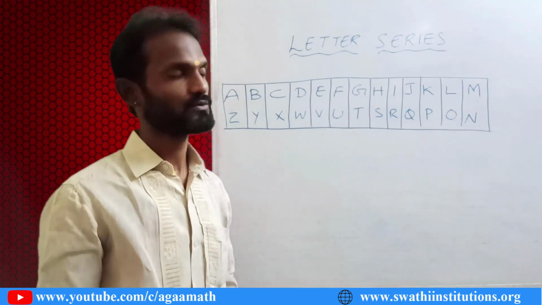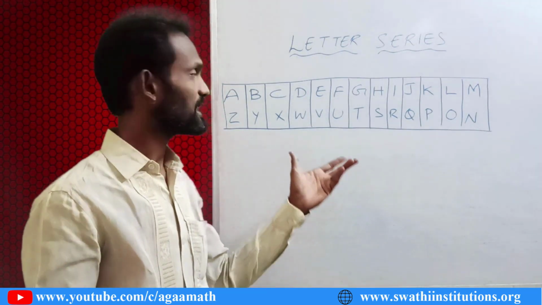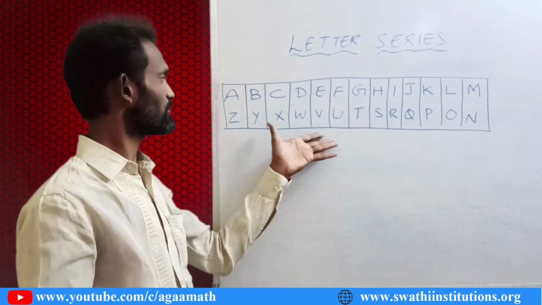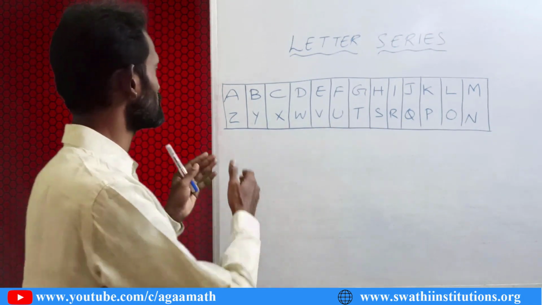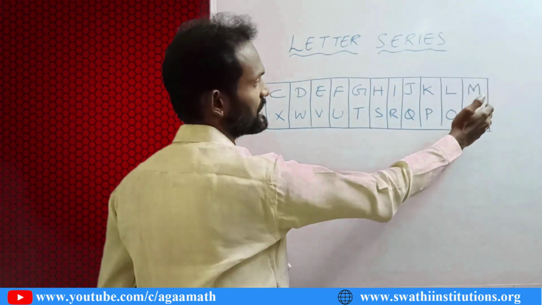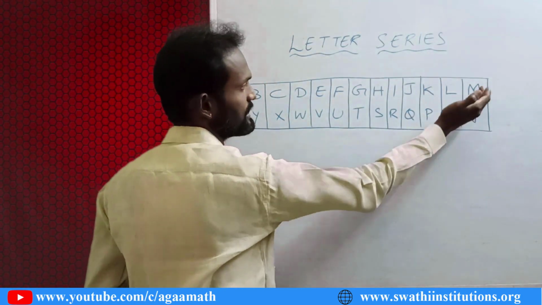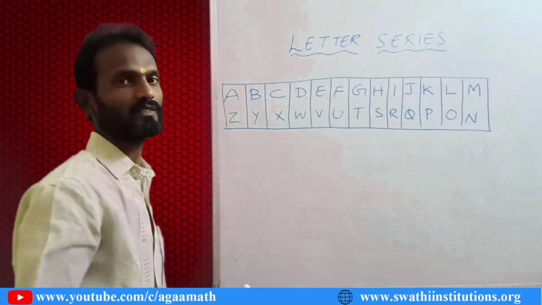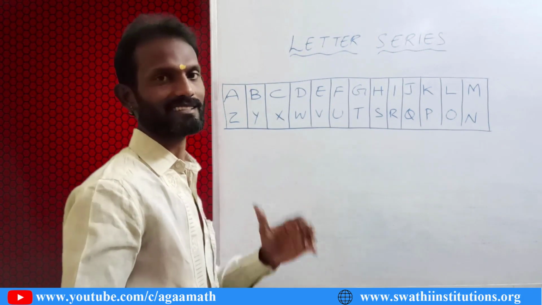In the letter series we also have to remember pairs of letters. How do we remember the pairs? If you see here, A to M, like A, B, C, D up to M, and the next half continues from M, N, O, P, Q, R, S, T up to Z. How to remember the pairs of these letters?